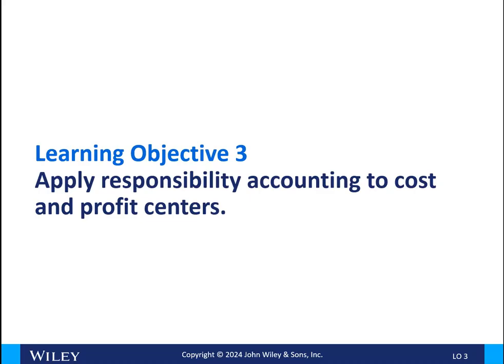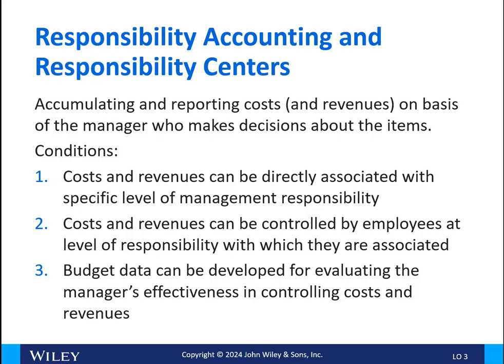Learning objective 3 is to apply responsibility accounting to cost and profit centers. So, accumulating and reporting costs and revenues on the basis of the manager who makes decisions about the items. Instead of taking the company's financial statements or cost reports, we're going to break it down to the level where management can make decisions about the items on that report.